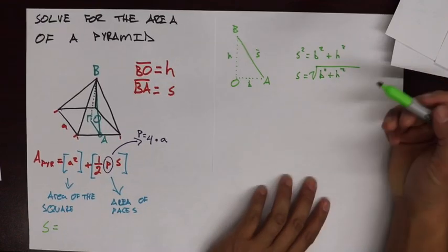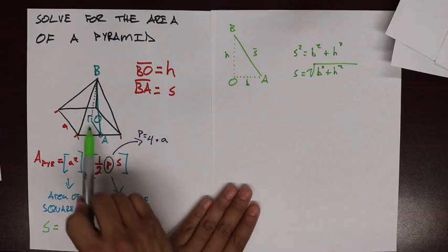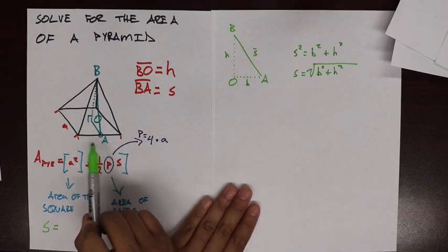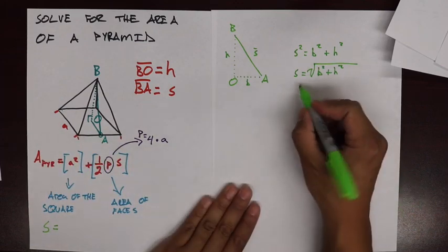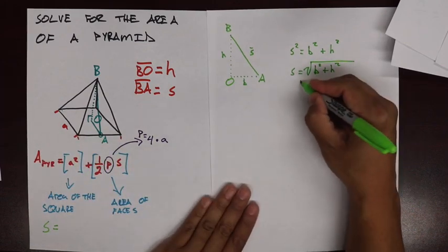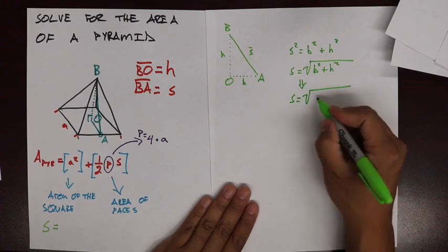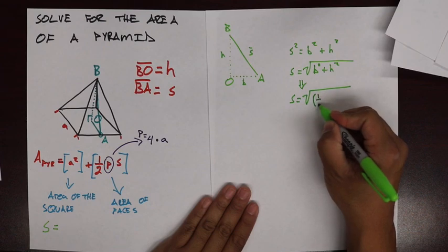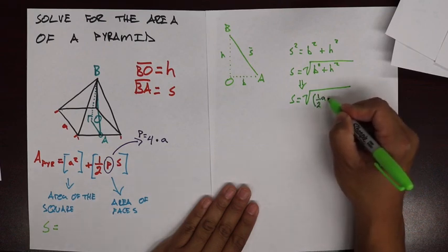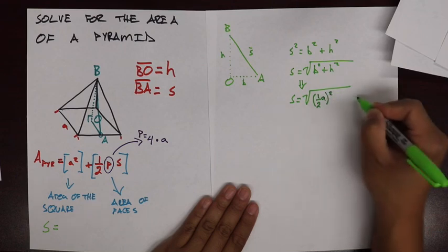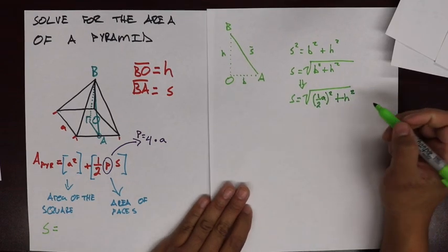Now in this specific case, from the origin to this side point B, it's half of the length of side A. So this can become S equals the square root of (1/2 A) squared plus height squared.